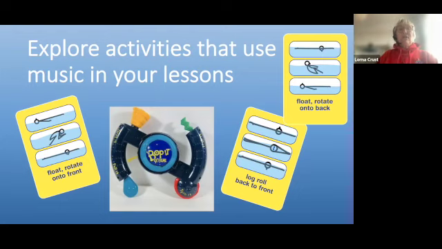Getting the children to have their feet flat on the floor and then twist their upper bodies so they're looking over their shoulders. For more advanced swimmers, you could get them into the tub position, and you could get them twisting their legs from side to side, maintaining this tub position. You could also add a noodle behind to support them while they're doing that.